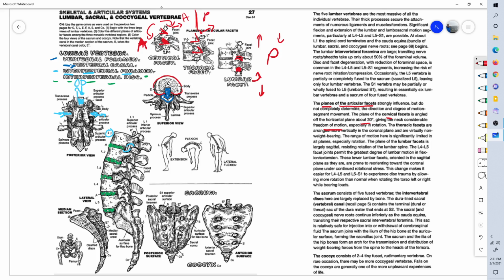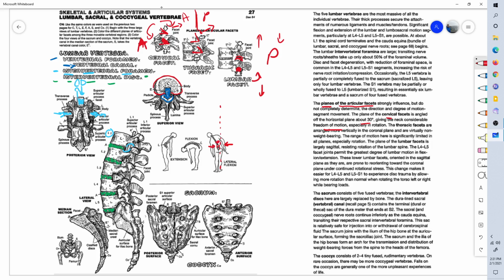And the lumbar facets are in the sagittal plane. The sagittal plane. So if you look at the lumbar facets here, they would be like this, up and down here in the sagittal plane. One joint facing inward, one joint facing outward.